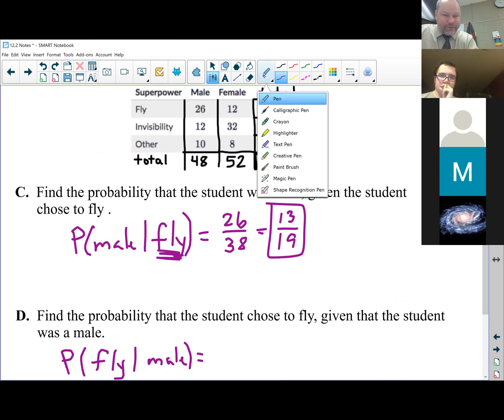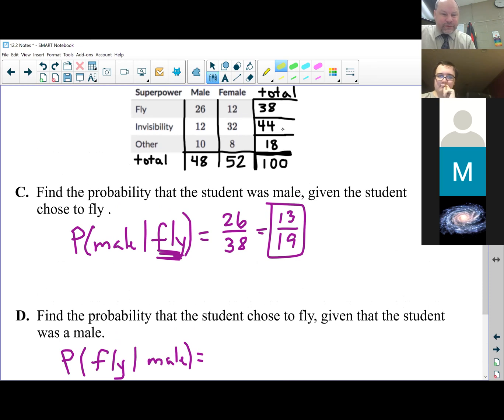So one way that I think about this is I look at that given. They're given that it's a male. So now I only have to worry about the column that are males.